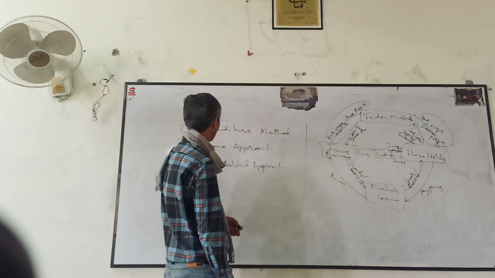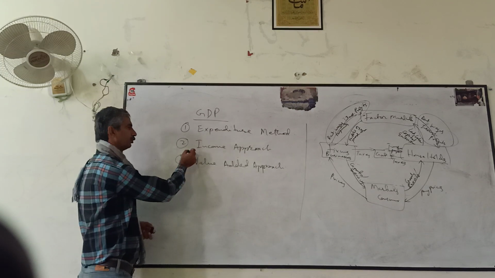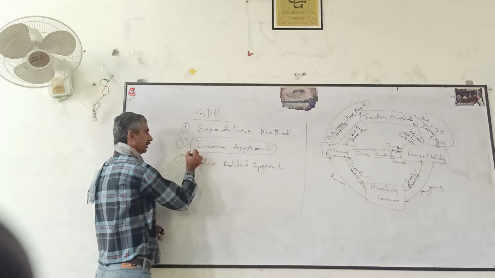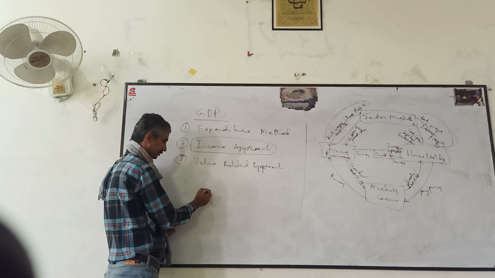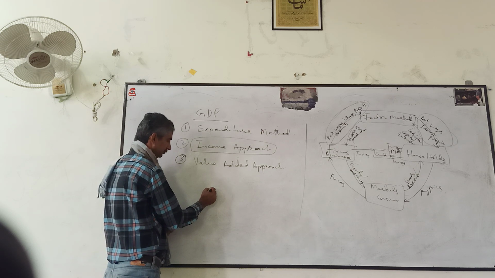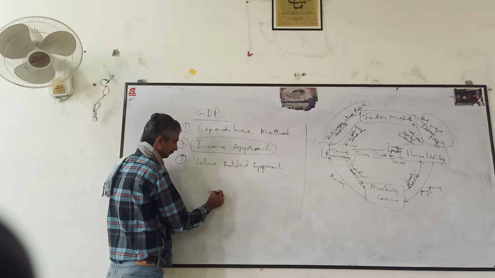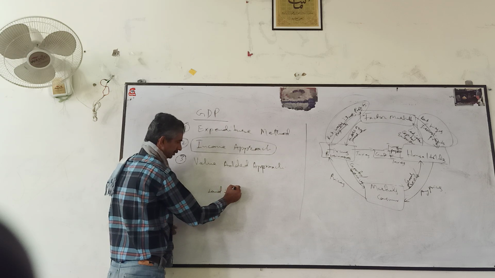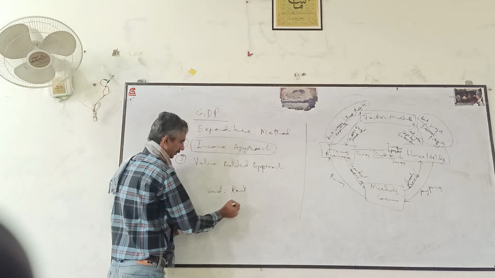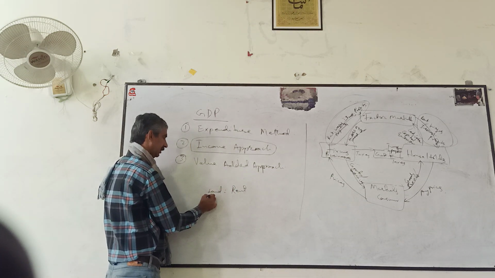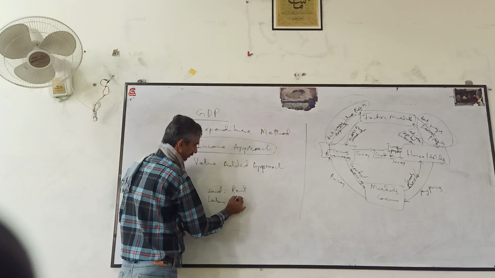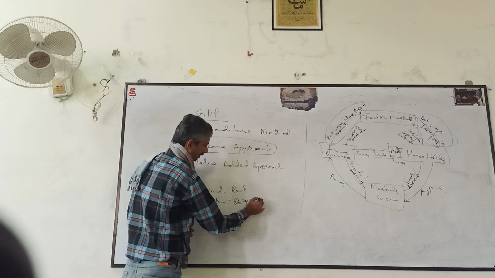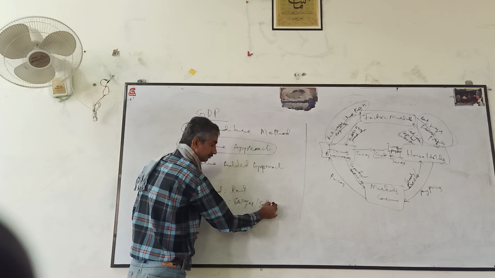That's why we say that when we calculate the income approach to measure the GDP, we add the types of incomes. The income earned by the land, that is the rent. Income earned by the labor, that is the wages, or even you can say salaries.